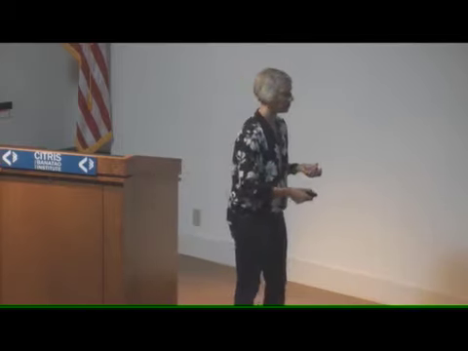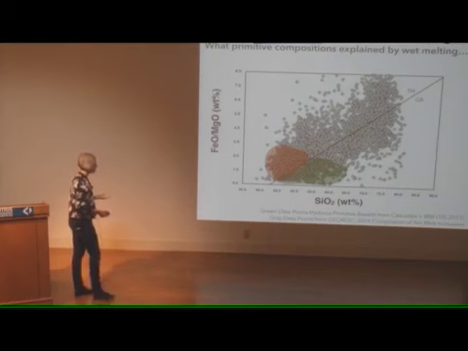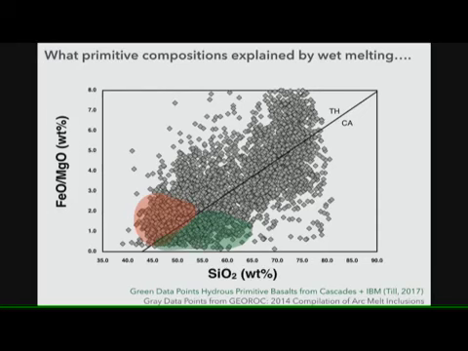All right, so if we go back to this Miyashiro diagram that I started with, we looked at these as a product of variations in the dry mantle melting process. And we can look at these as compositions that we can produce through variations in the wet mantle melting process. For example, I showed you those first melts of the very wet, water-saturated mantle.